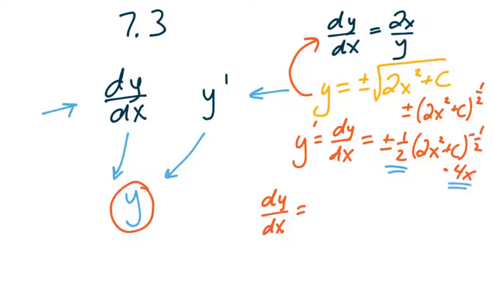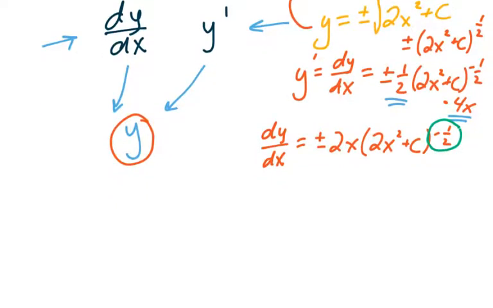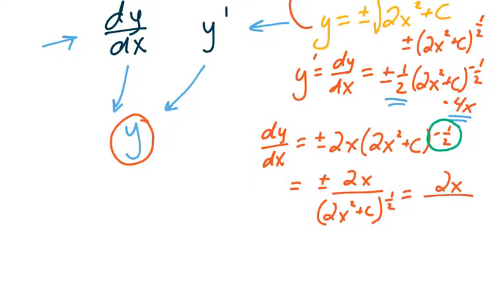I've got that 4x over here, so maybe I can simplify that to really just plus or minus 2x times (2x squared plus c) to the negative 1/2. You with me so far? Hey, that negative 1/2 power just means it can move downstairs because it's a negative exponent. So really, dy/dx is plus or minus 2x over (2x squared plus c) to the positive 1/2 now that it's downstairs. Okay, well, if I want to, I can be really picky and put the plus or minus on the bottom. I'll show you in a second why I'm doing that.